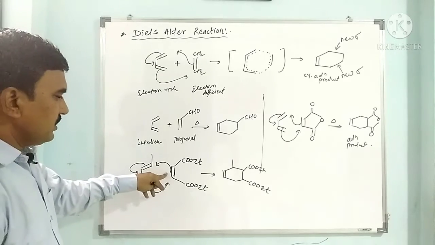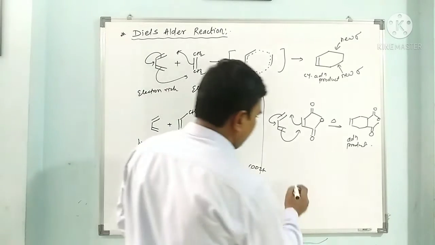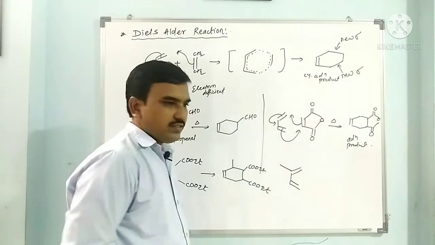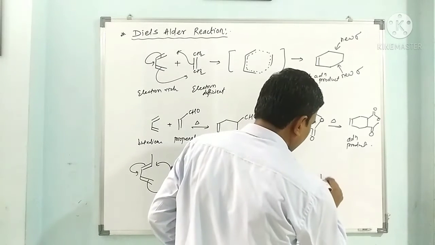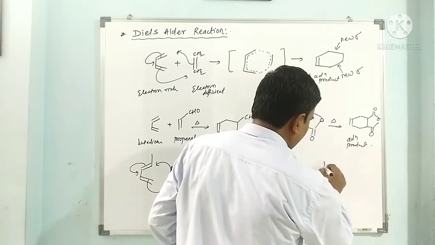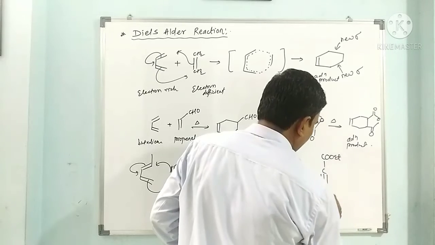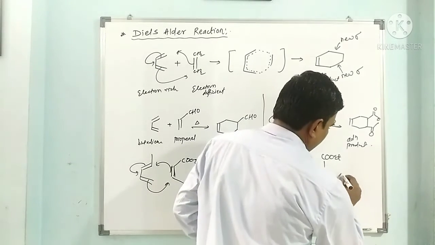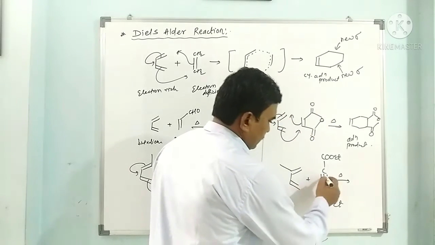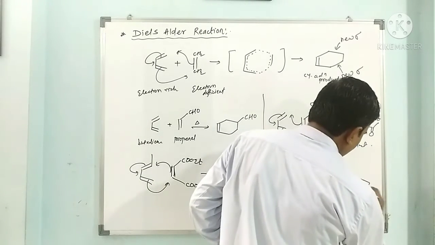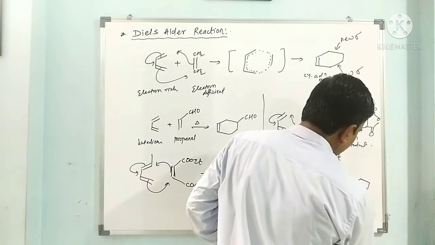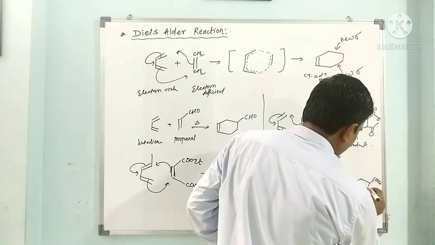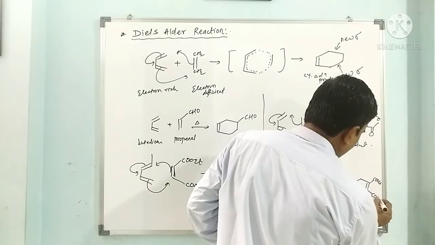So this dienophile can be like this. This is diene 2-methyl butadiene plus C triple bond C, COOEt, COOEt. So here thermally, this undergoes cyclic addition to give the product with COOEt, this double bond is here, COOEt.